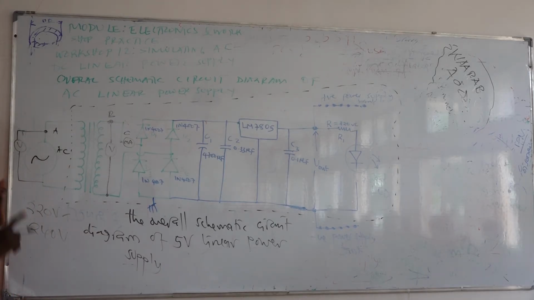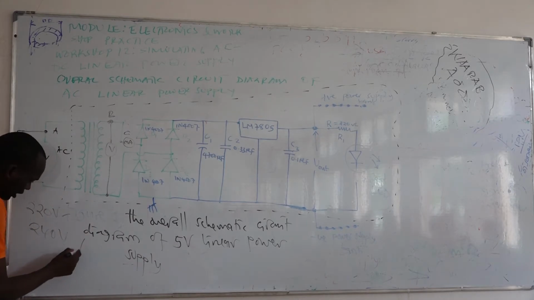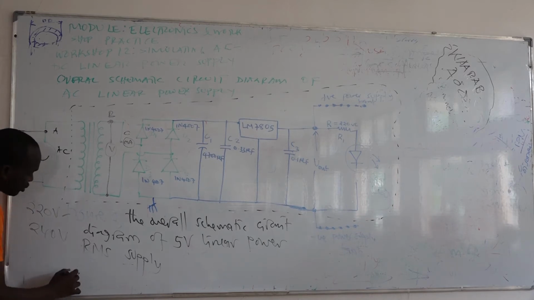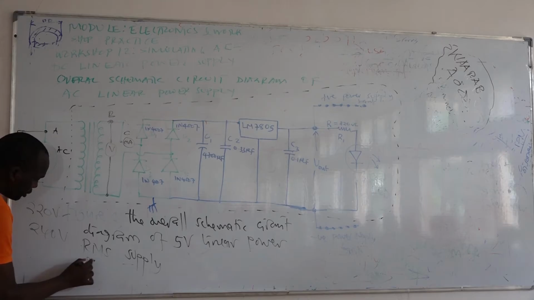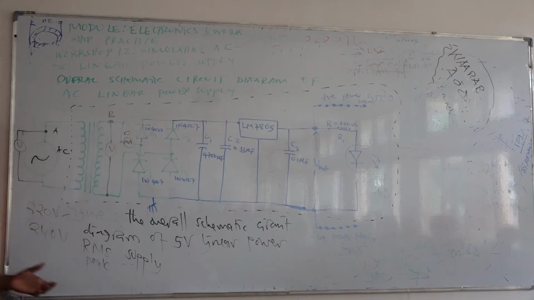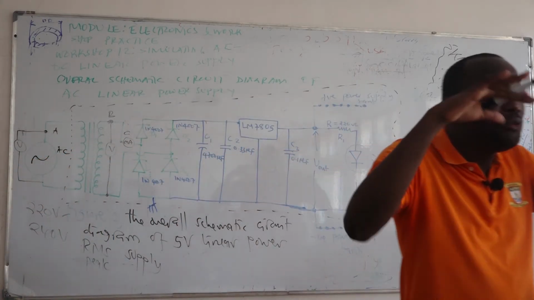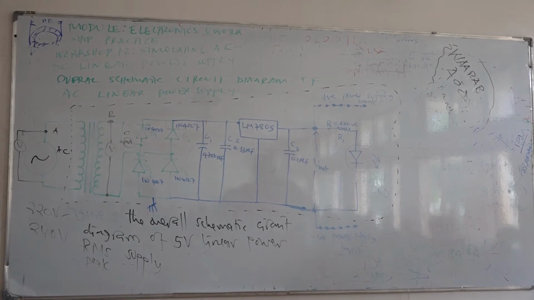But remember that in AC, we have something we call root mean square voltage and root mean square current, and also another parameter which we call maximum or peak voltage or peak current. Whenever we are using alternating current in a particular system, the parameter we have to pay attention to is root mean square voltage.